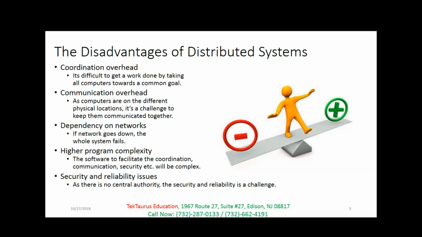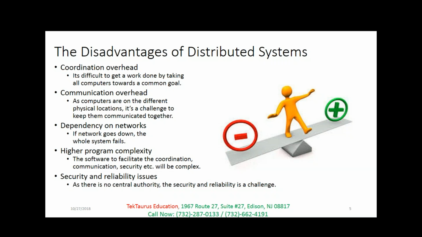So it is complex. The last point is the security and reliability issue. Security, I have already told you that we are not very sure how secure a particular system is. Suppose we are processing our data on a particular system, and that system is part of our network.